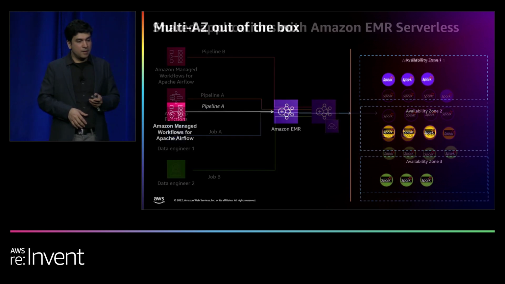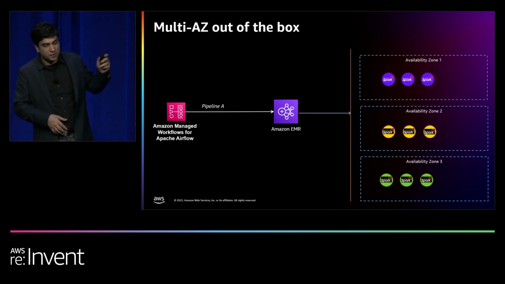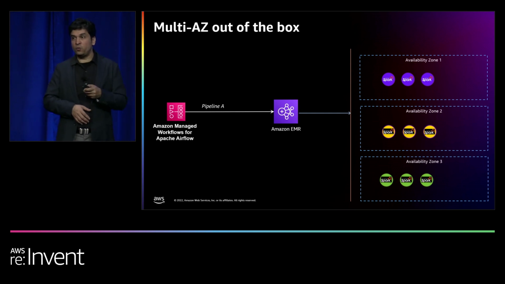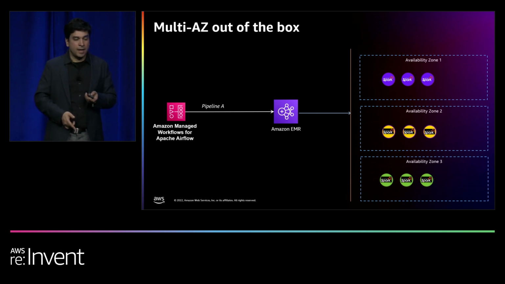Now, what multi-AZ out of the box means is that in my last example, the entire capacity pool was in a single AZ, but it doesn't need to be. It can be spread across multiple AZs. By default, we spread the capacity across 3 AZs. If you set up VPC connectivity, you can decide which AZs, which subnets are actually used behind the scenes. And so what this means is that your EMR Serverless application is a compute pool that is across AZs, and you get 2 benefits from that.